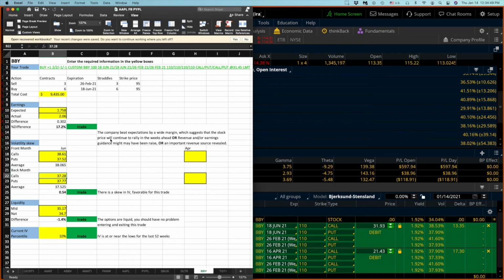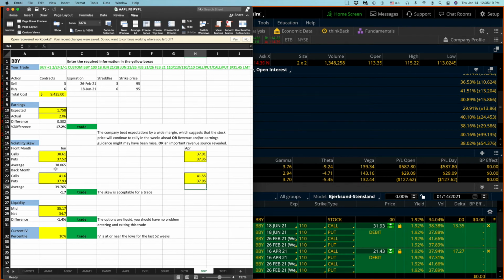The shorts front month, 41.6, 37.93. It is a good thing when you have the front month at 40 or more. Let's do the April here. 37.95, 37.35, 41.55, 37.95.